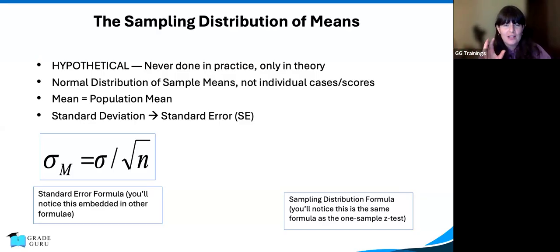Okay, so basically you'd end up with 100 samples of 100 people each, which means you'd end up with 100 sample means. If you were to plot them like you're plotting a normal distribution, so instead of X values, now you're plotting sample mean values on a distribution. That is what the sampling distribution of means is.